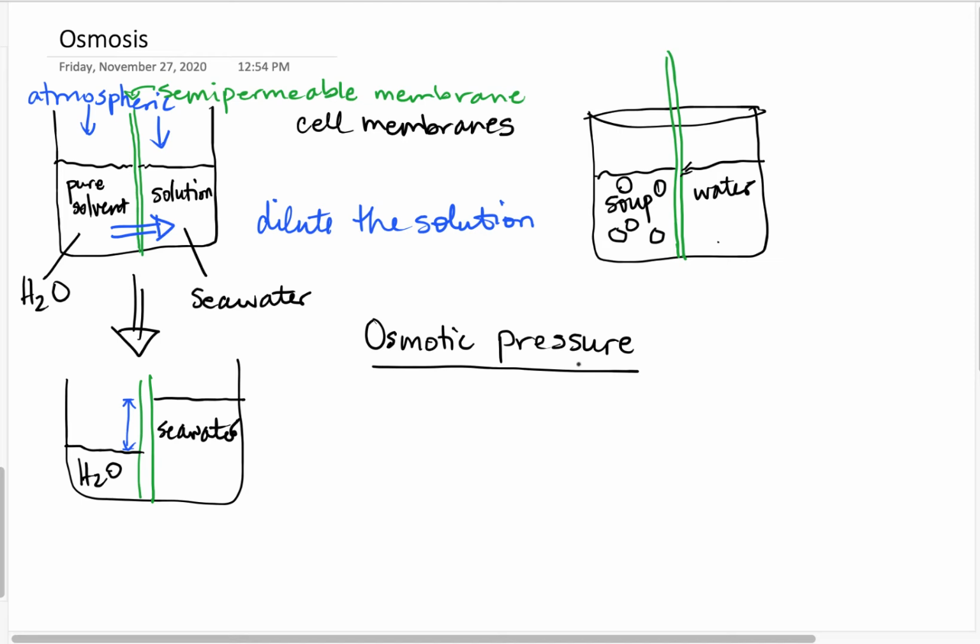And osmotic pressure gets the Greek letter pi. This is a capital pi, so lowercase pi is what we use in math, and we would use this symbol for lowercase pi. This is a capital pi, and the reason why we're using it is because pi is the Greek letter that's equivalent to the Roman p, and we always use p for pressure.